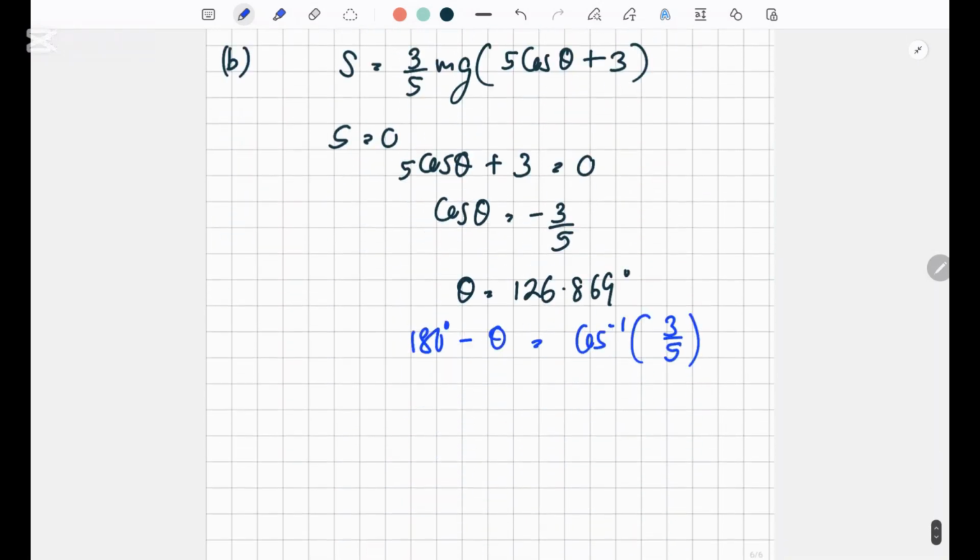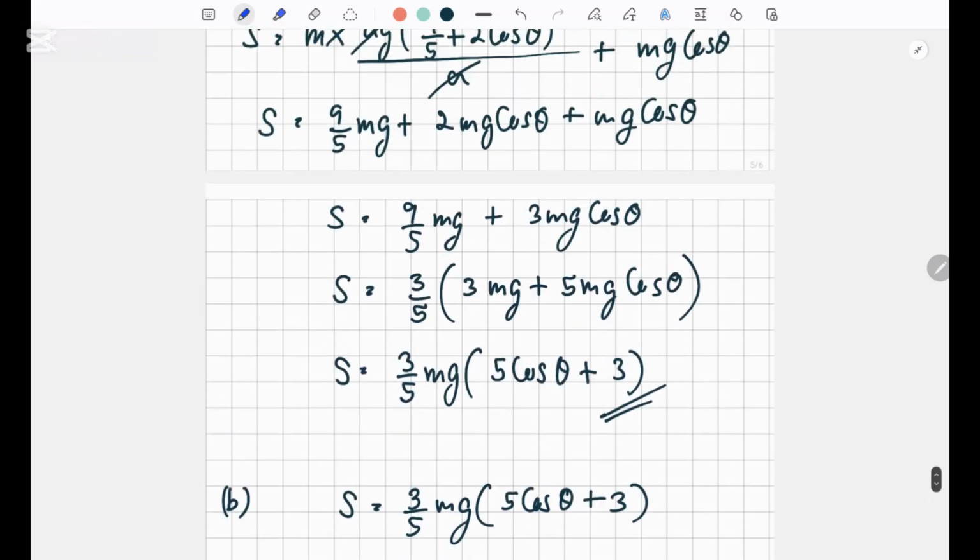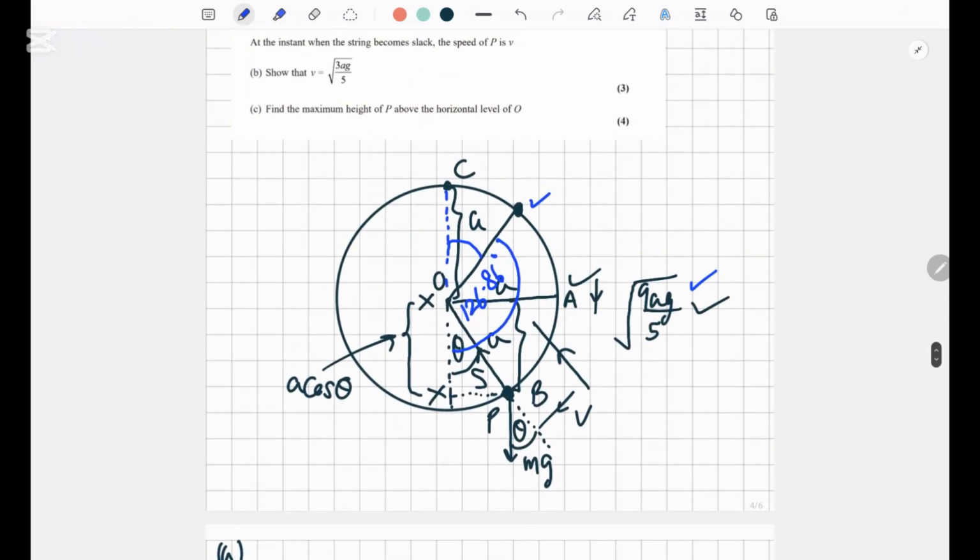So you can write half m v squared minus half m times the square root of 9ag over 5, squared. And since it's above, you can write plus mg, and the height is going to be this height, right?